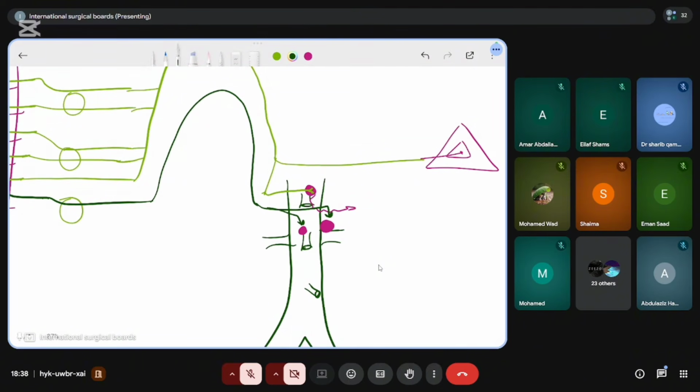This ganglion, between the aorta and renal artery, is simply called the aorticorenal ganglion.